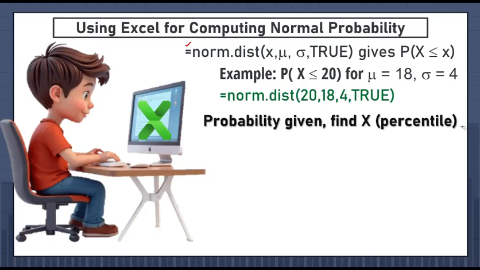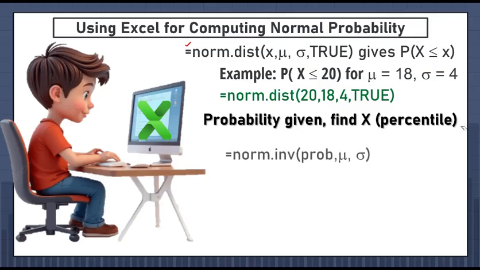So the probability is given, then we have to find x. For that you write equal to NORM.INV. INV is for inverse. Don't forget to put the dot. Equal to NORM.INV, then the probability.